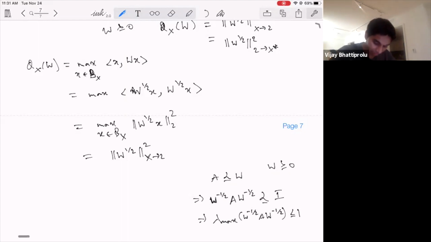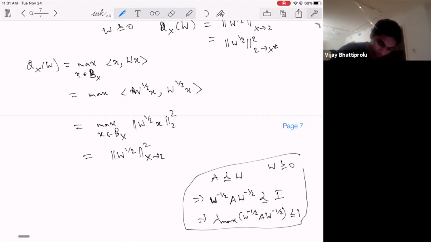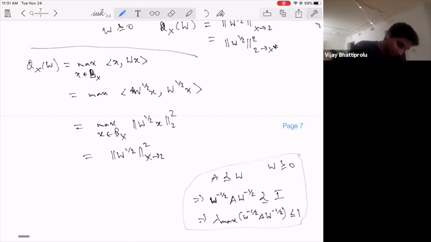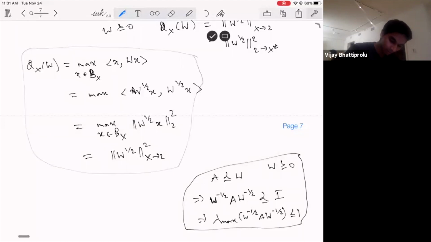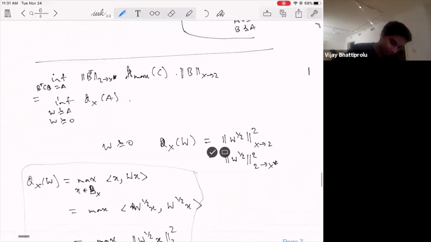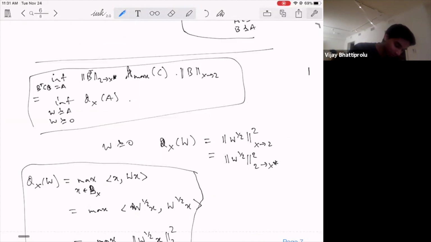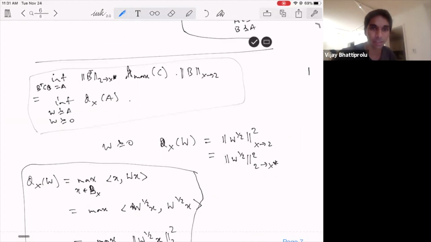So just combining this little observation with this observation trivially yields this observation. Is everyone okay with that?